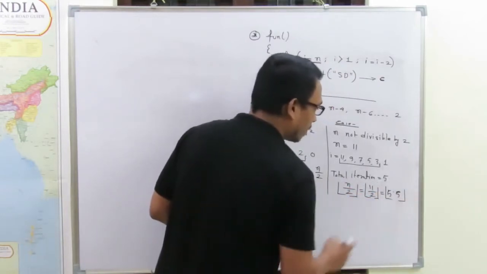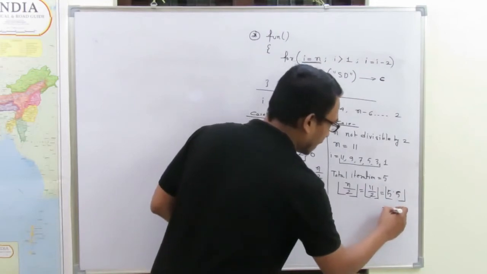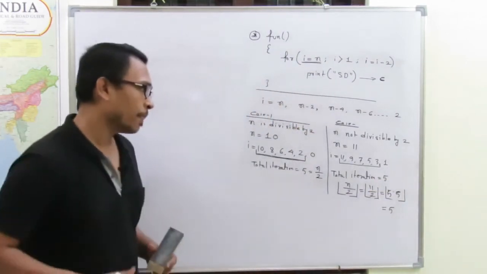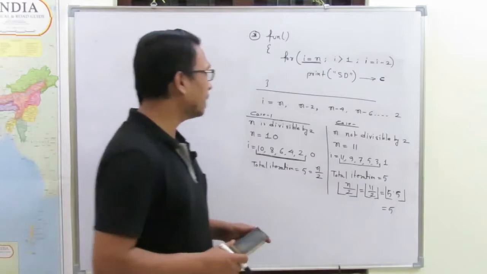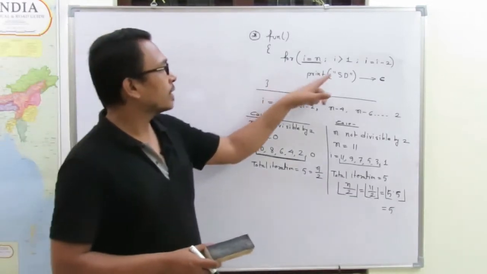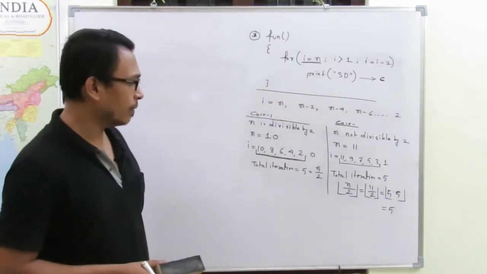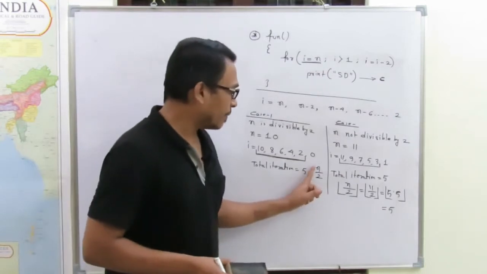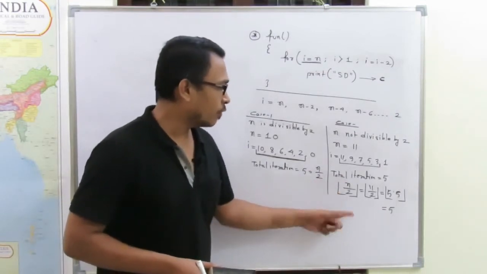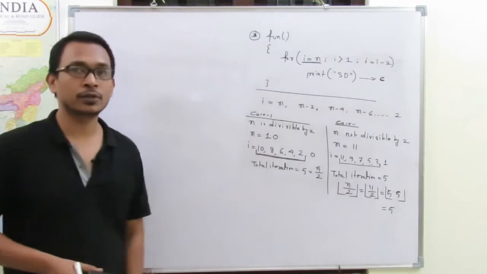If we use the floor operation, we will get 5 as the result. Clear? That means in this case the total iterations will be n by 2 or n by 2 floor. So which one to use?